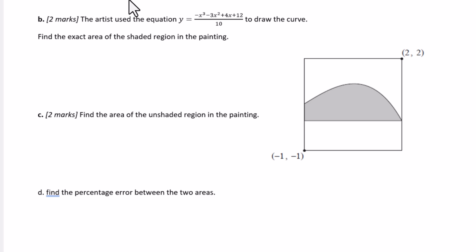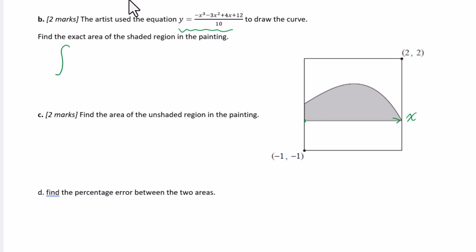Let's go to B. The artist used this equation to draw the curve. Find the exact area of the shaded region in the painting. For the shaded region, we will use an integral to figure this out. Check: this is the x-axis.